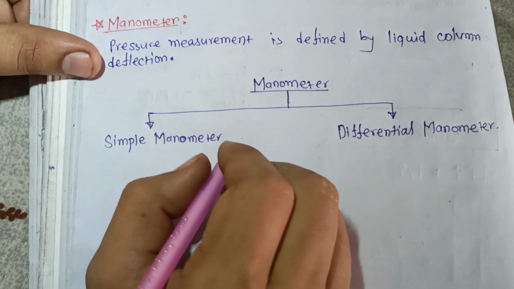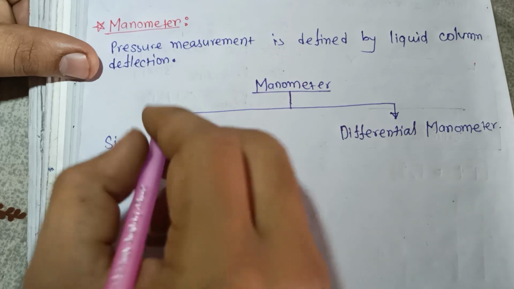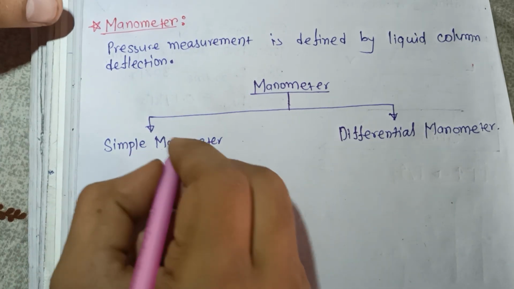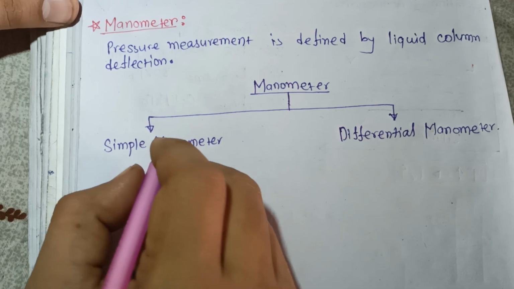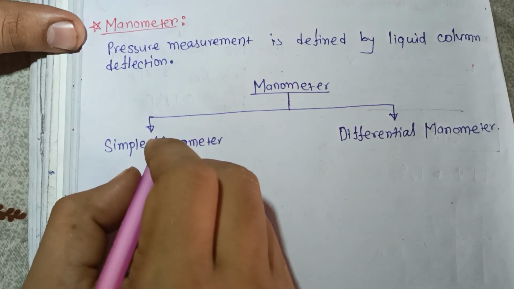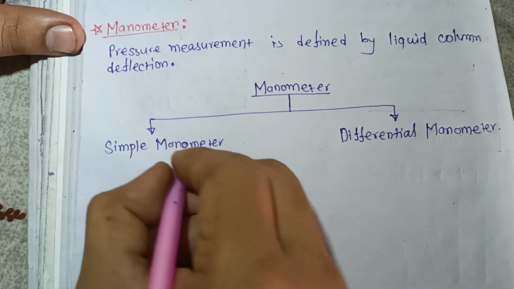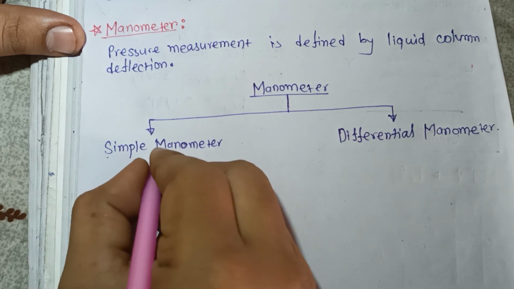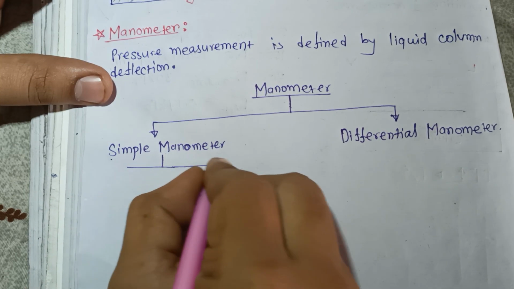The simple manometer measures the pressure at a point, and it is also of three types: piezometer, U-tube manometer, and single column manometer.